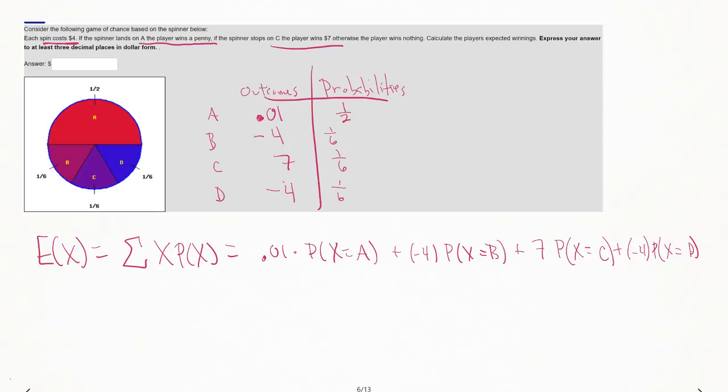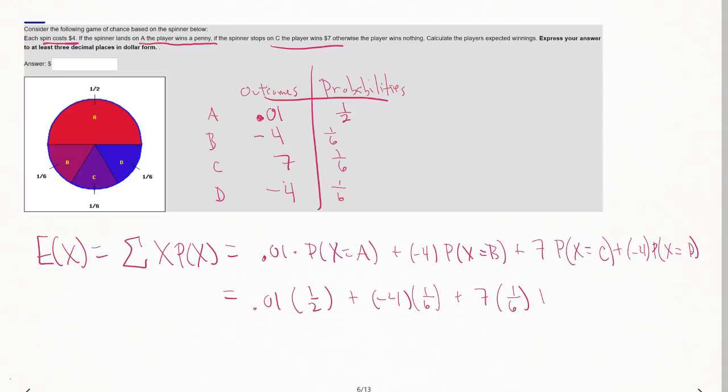So now, probability that x equals A, we already said, we had 1/2 there. Plus the probability that x equals B, we have 1/6 there. Probability that x equals C, we have 1/6 there. And then the probability that x equals D, we have a lot of 1/6, I guess. Okay.